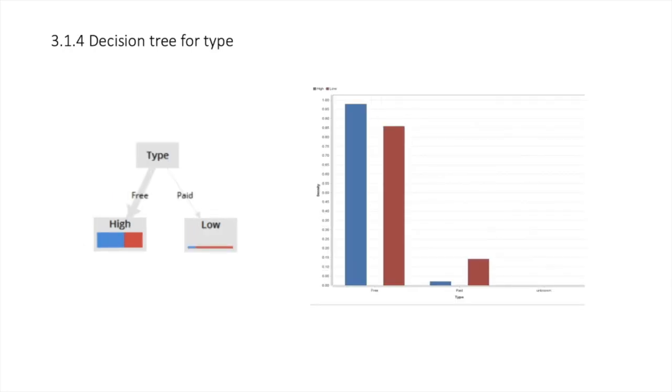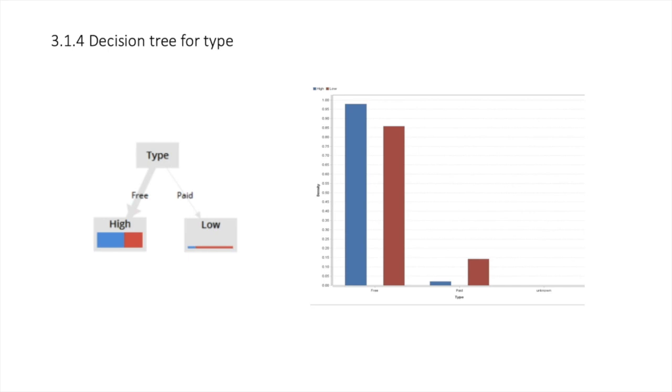The last attribute we are going to talk about is the type. After we model the decision tree for type, the type of application can be classified by paid and free.